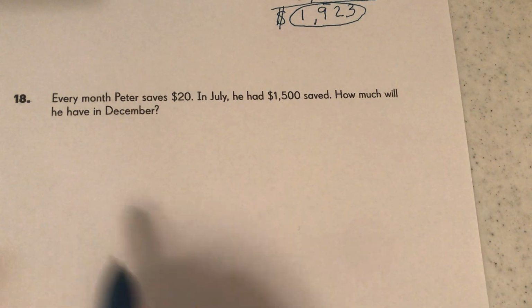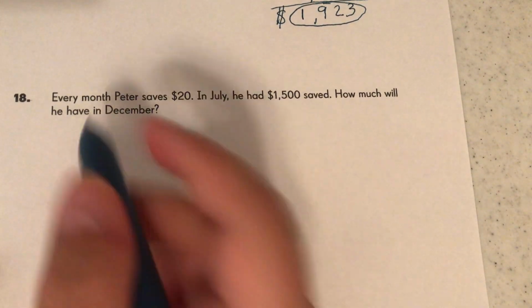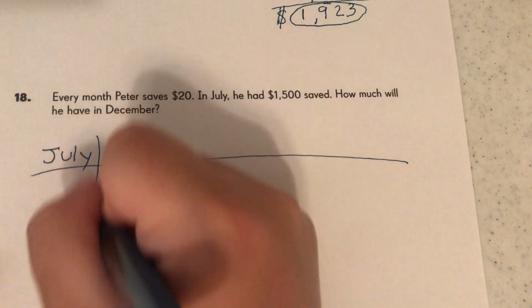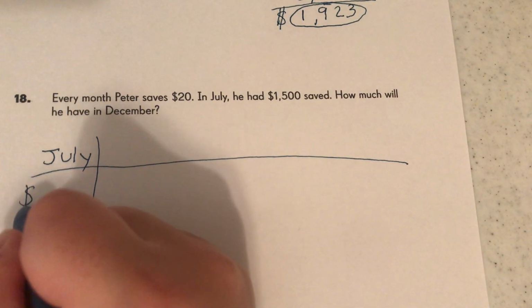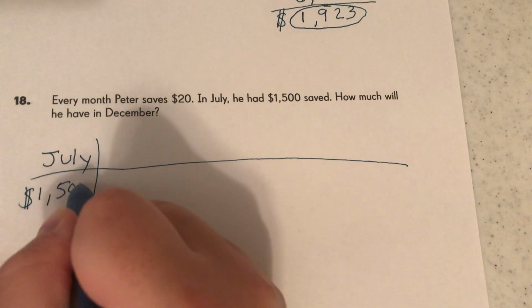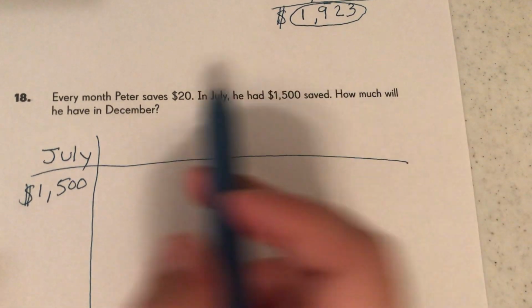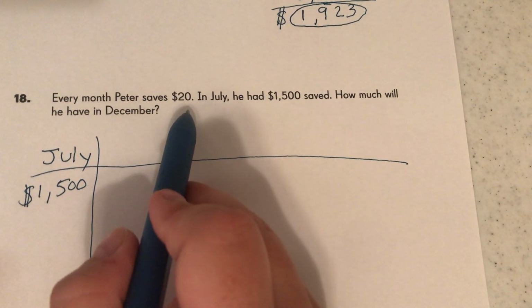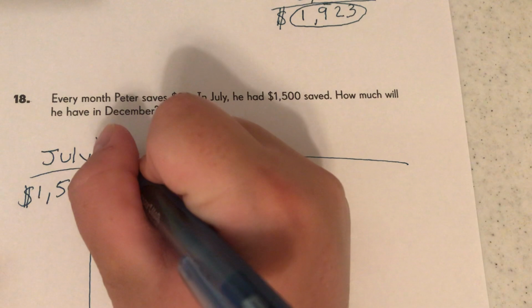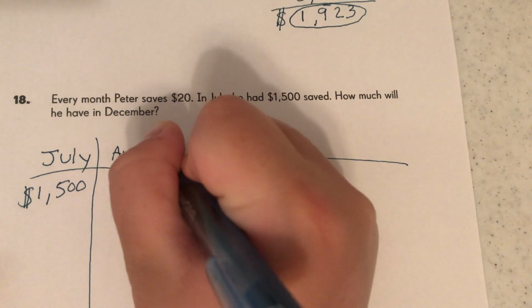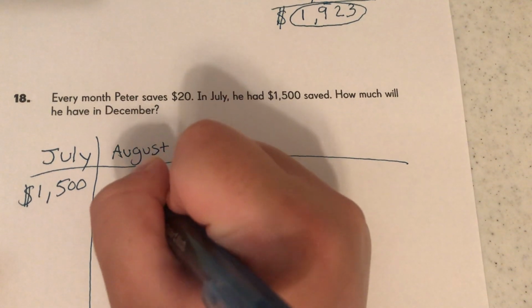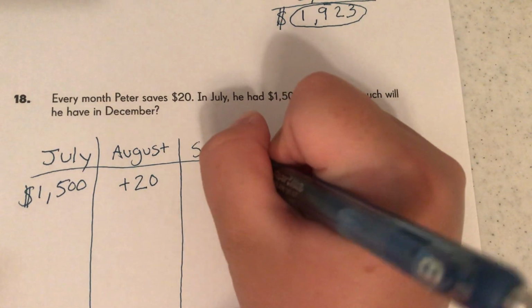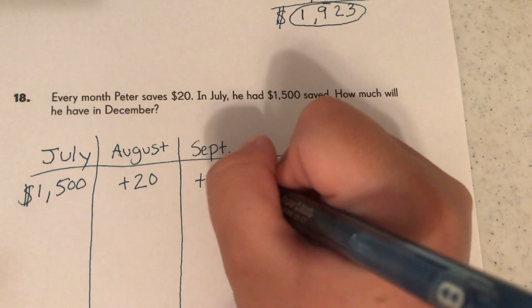Well, what I'm going to do is I'm going to write out these months. So in July, he has $1,500. And then each month up until December, he's adding or saving $20. So July, August, he adds $20 more. September, he adds $20 more.